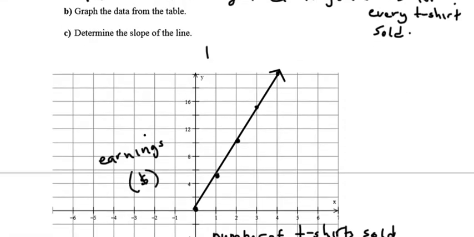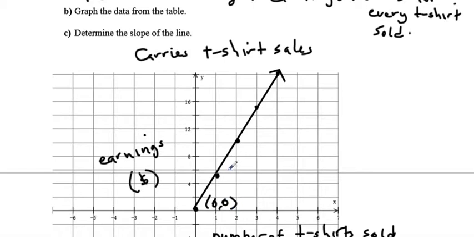Carrie's t-shirt sales. And we're going to label 2 points. So 0, 0 is one of the points. She sells no t-shirts, she makes no money. And we can also say 1, 5. She sells one t-shirt, she makes $5.